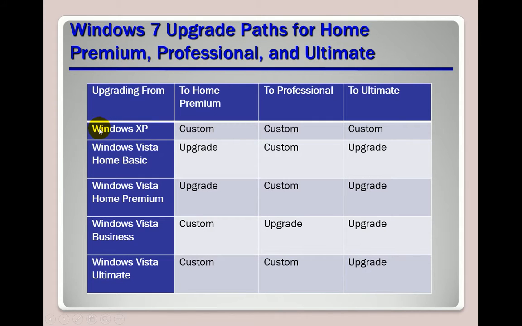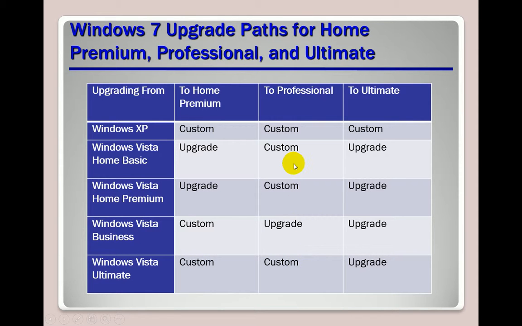We've learned that Windows XP requires a custom upgrade whenever you do an upgrade. You can't do an in-place upgrade. And even with some of the others, there's almost always some place where I have to do a custom upgrade.